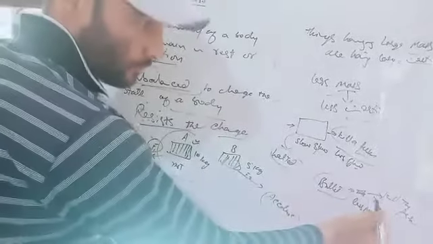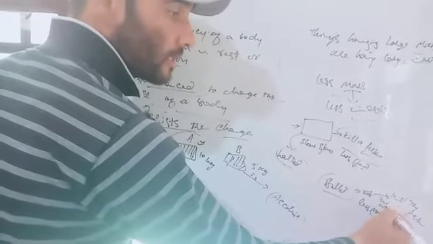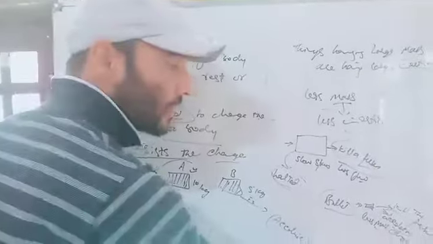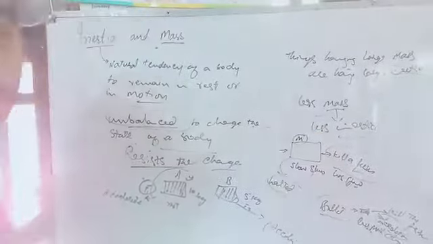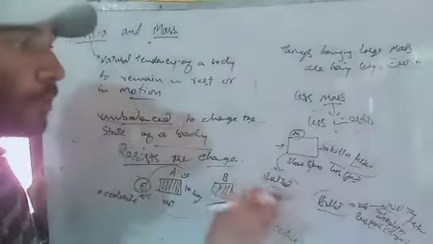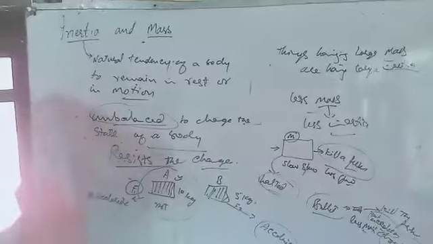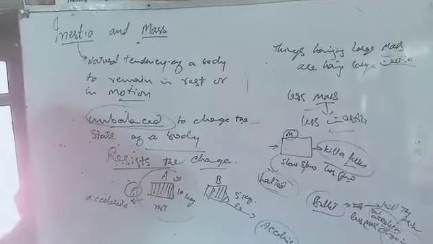That means it accelerates, or you can say the change in velocity is more. These two terms, change in velocity, or you can say velocity, and mass, are very important to determine the inertia of the body.